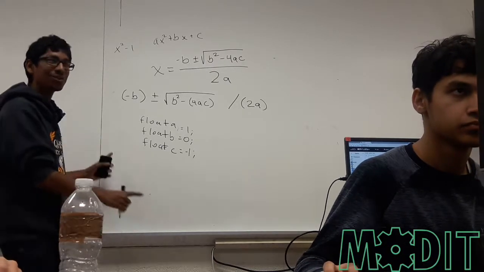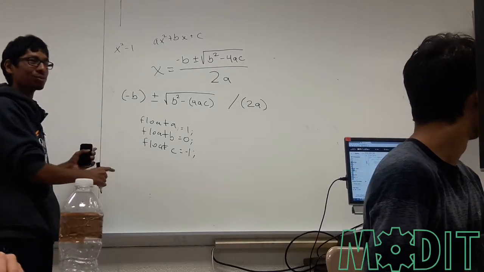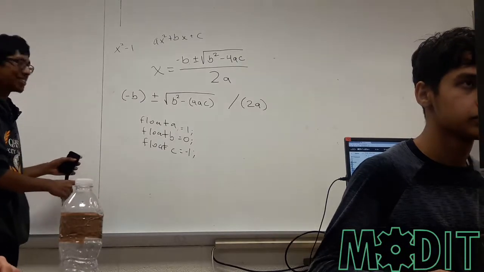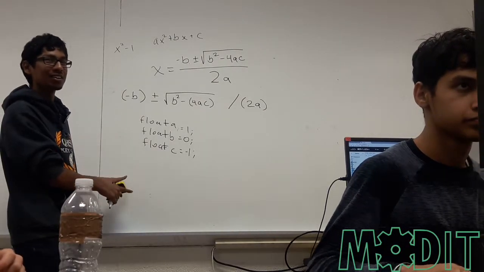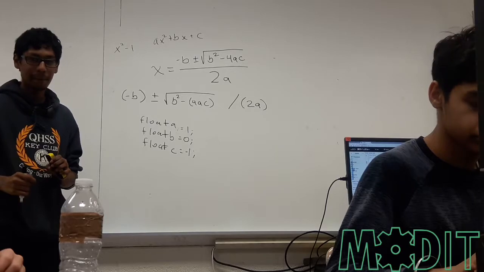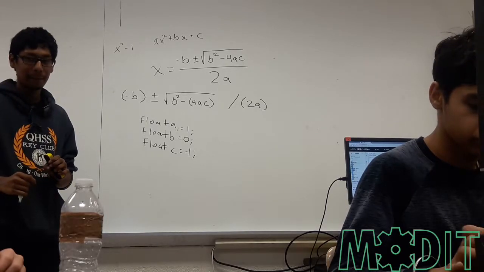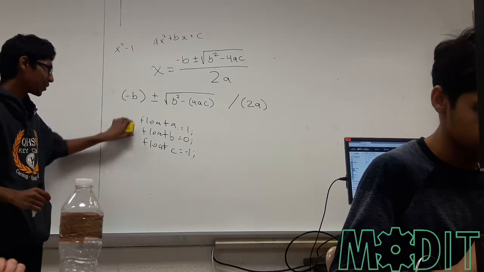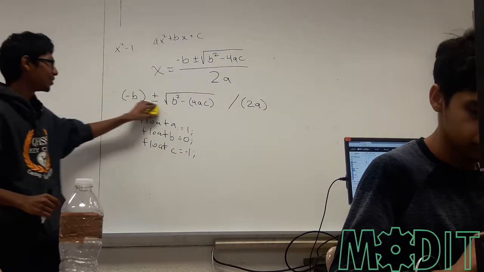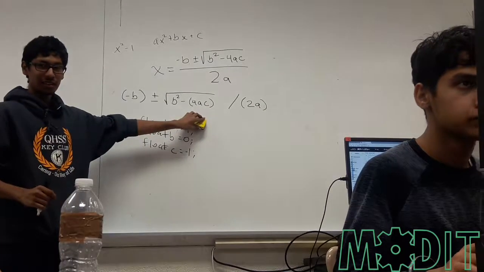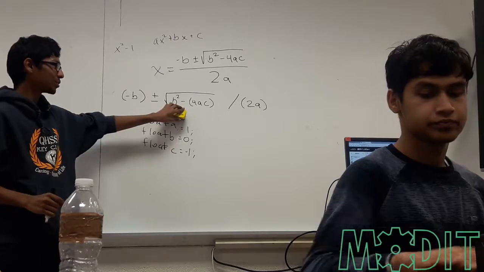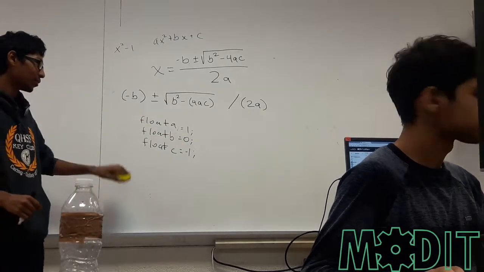A float can hold decimal numbers like 1.2, whereas an integer can only hold whole numbers like 1. Why do you have to declare that? We're using floats because once we do these calculations, it might have decimals in it.